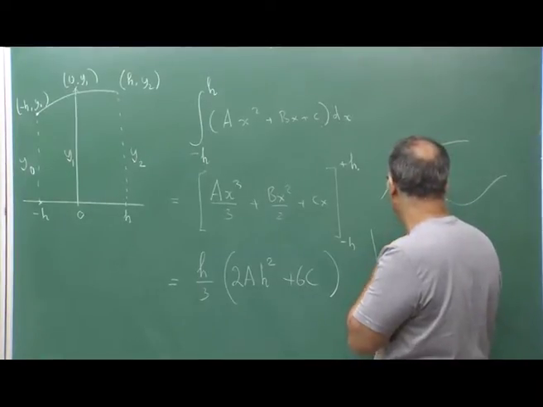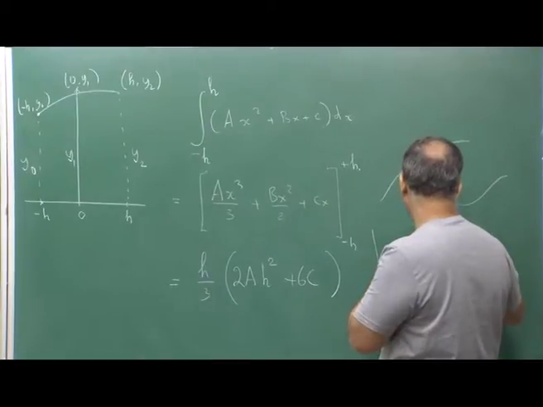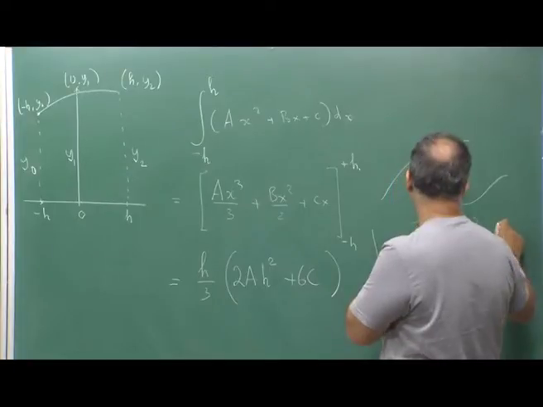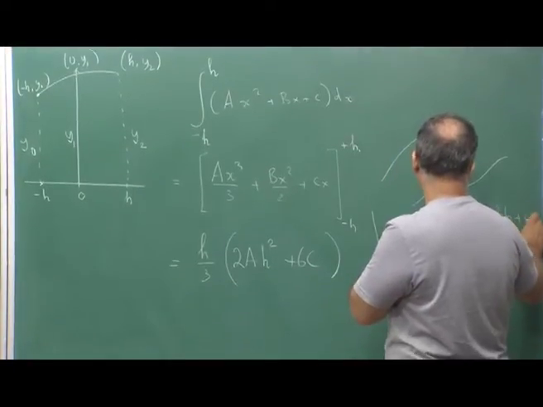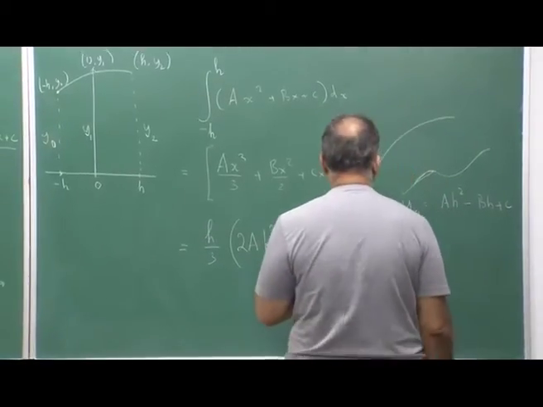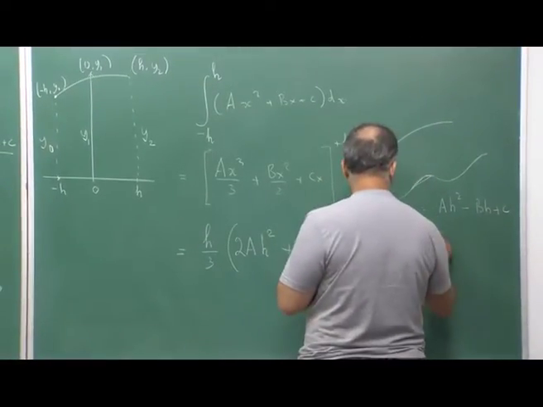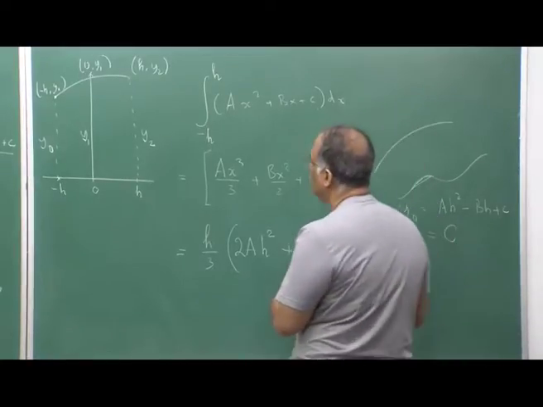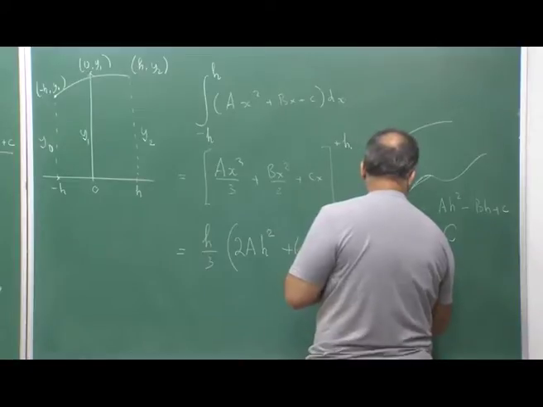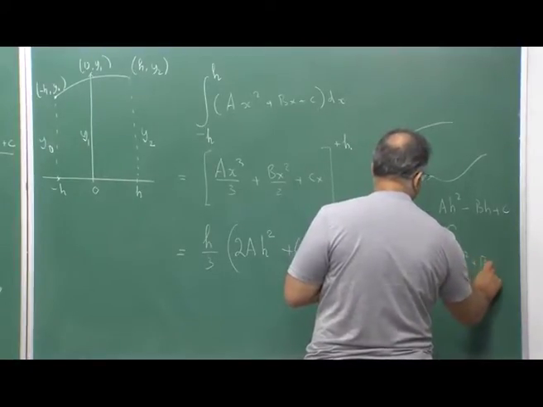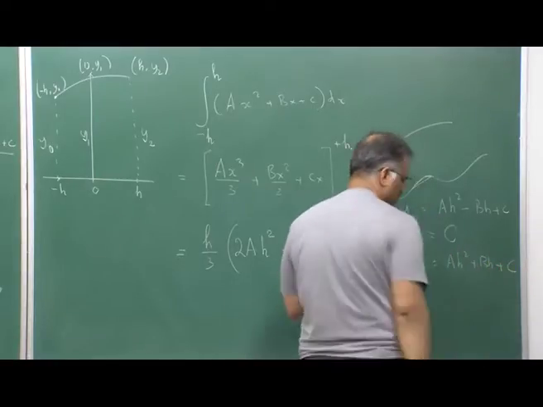So y0 is equal to ah square minus bh plus c, and then it passes through 0, y1. So you put 0, y1 is equal to c. Then it passes through h, y2. So y2 is equal to ah square plus bh plus c.